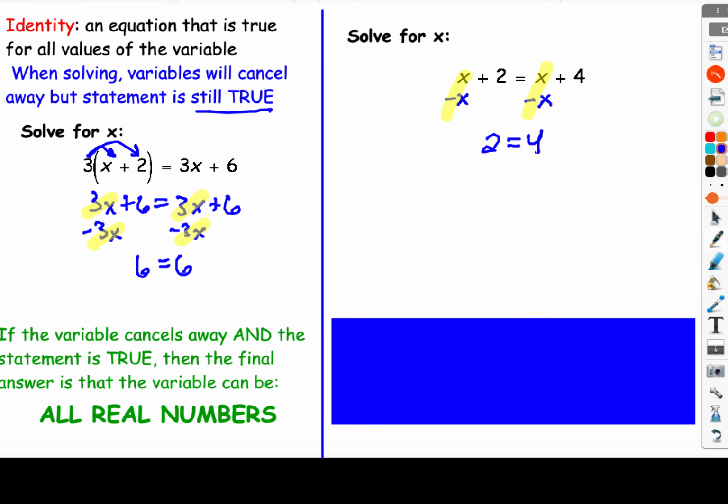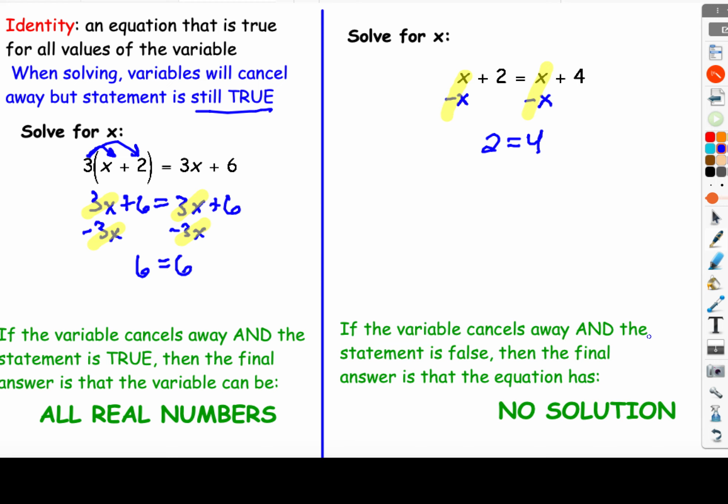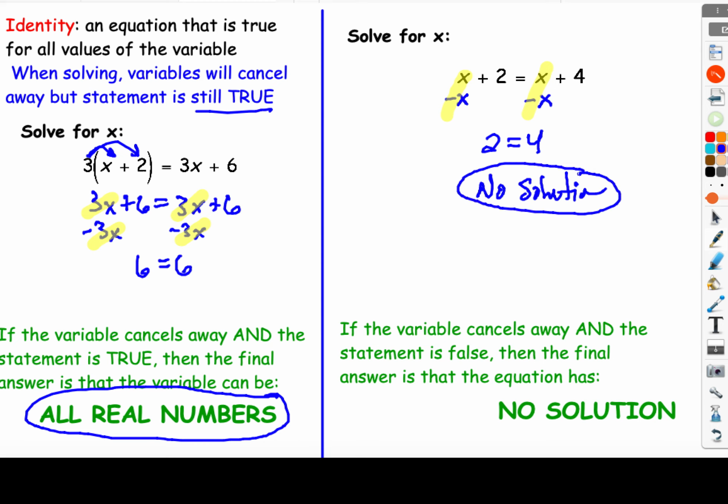So if 2 can't ever equal 4, then our answer to this one would be no solution. Okay? So again, if your variables disappear, if the statement is still true, your answer is going to be all real numbers. If the statement is no longer true, your answer is going to be no solution. It'll never work. Nothing would have ever made x plus 2 and x plus 4 into the same answer.